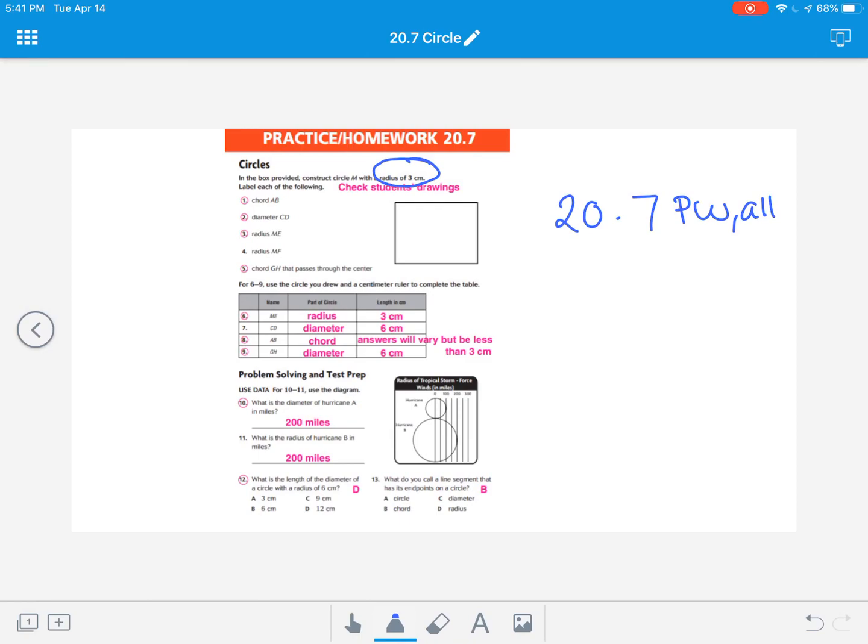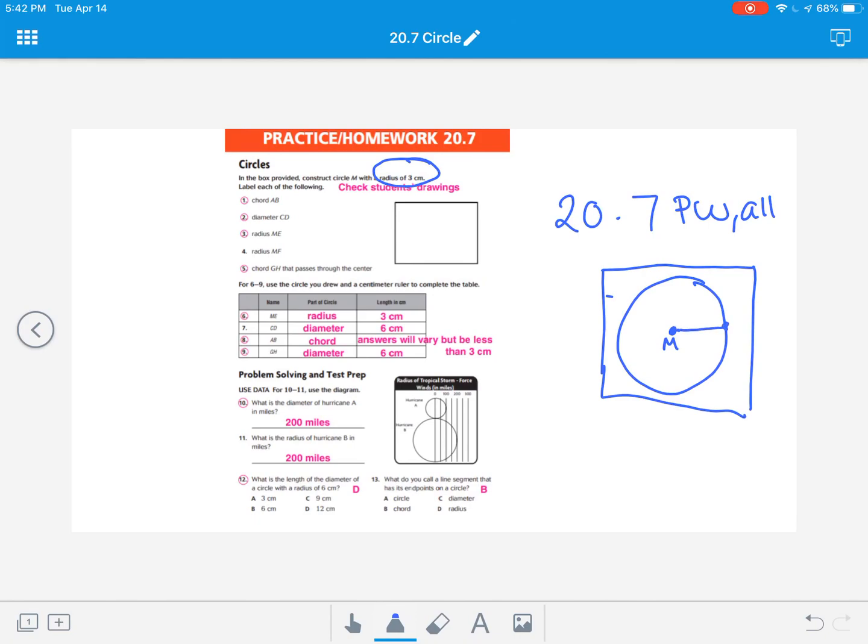If you're able to construct a compass or find one at your house, please practice drawing one that's 3 centimeters for your work. If you cannot find a compass, then in that box for 1 through 5, all you'll do is just draw a circle, label it with the letter M because that's the center.